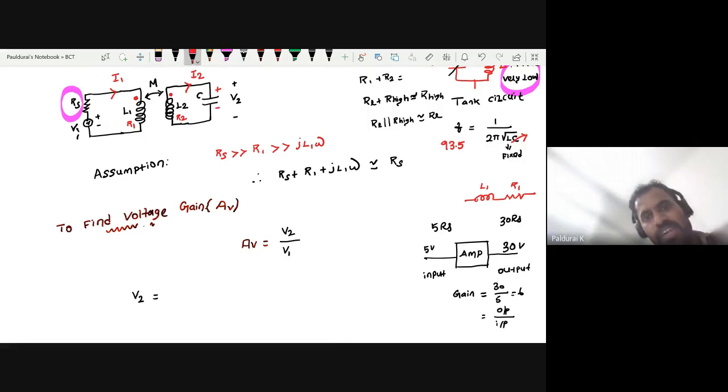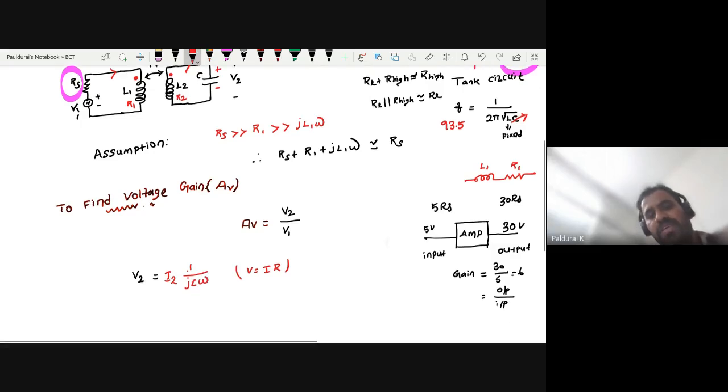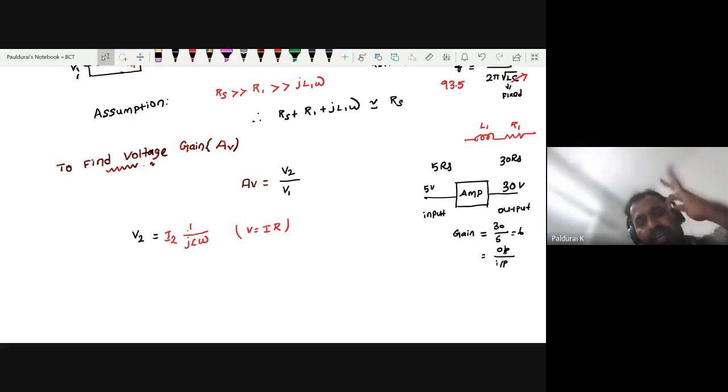So V equal to I times R, from Ohm's law, where I equal to I2. What is the reactance offered by the capacitor? 1 divided by jC omega. My aim is to calculate voltage gain. The formula is V2 by V1.